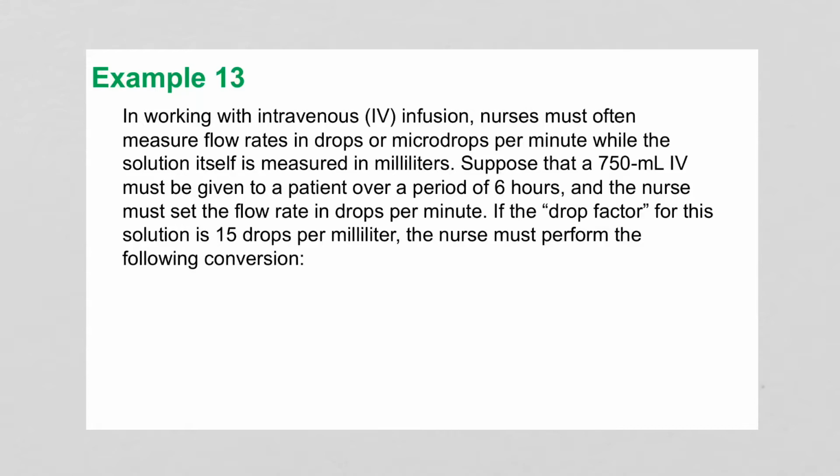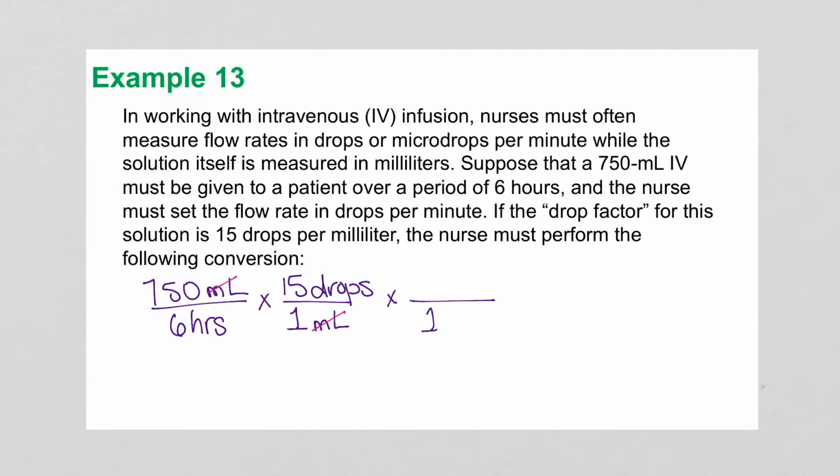So we're starting with 750 milliliters over a period of 6 hours. And we need to change that into drops per minute. So we were told that the solution's drop factor is 15 drops per milliliter. So 1 milliliter is equal to 15 drops. So that helps us cancel out milliliters. And then we just need to change hours to minutes.